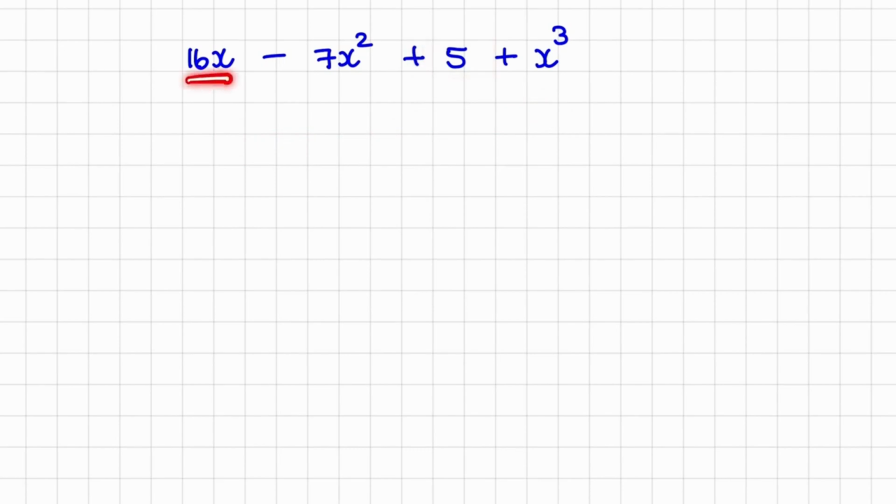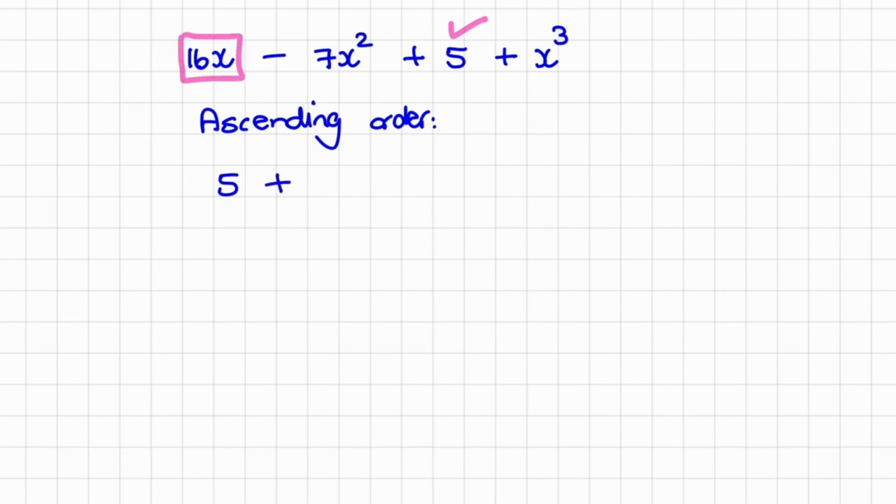Now you would notice out of these four terms, 5 does not have an x. So 5 would be our first term. Our next term would be 16x because that's the lowest power of x. So we'll say plus 16x. If there's no sign in front of the 16, we say that that's a positive value.